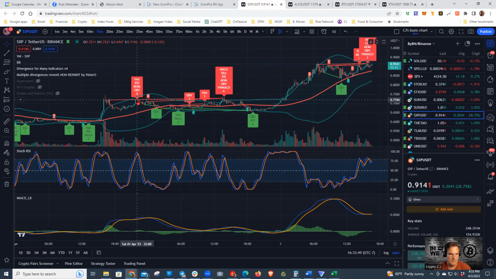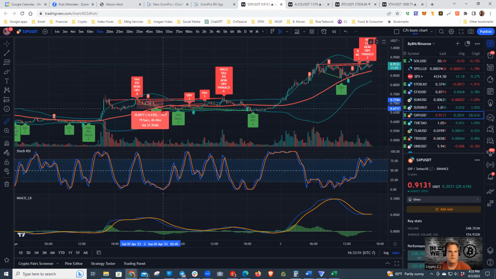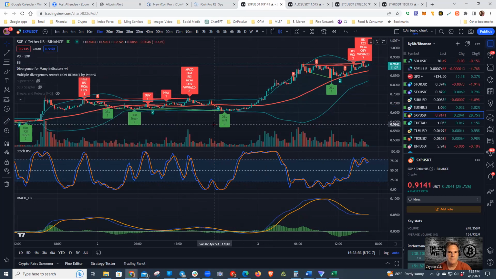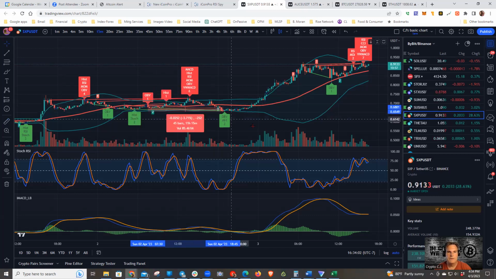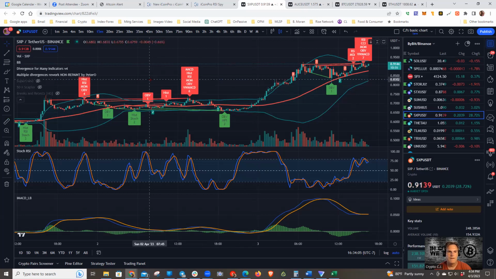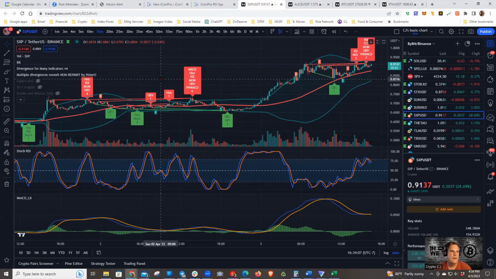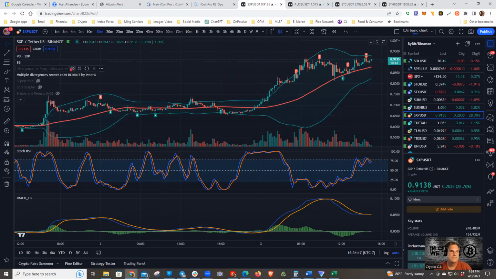This one dropped 6%. And this one dropped about 1.5, eventually 3%. So either direction on the divergence would have been good on SXP. I'd be more aggressive on the long side and conservative on the short side on this one.